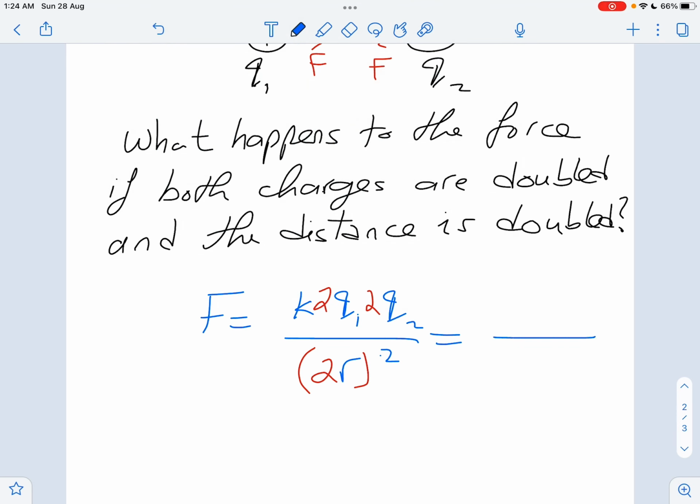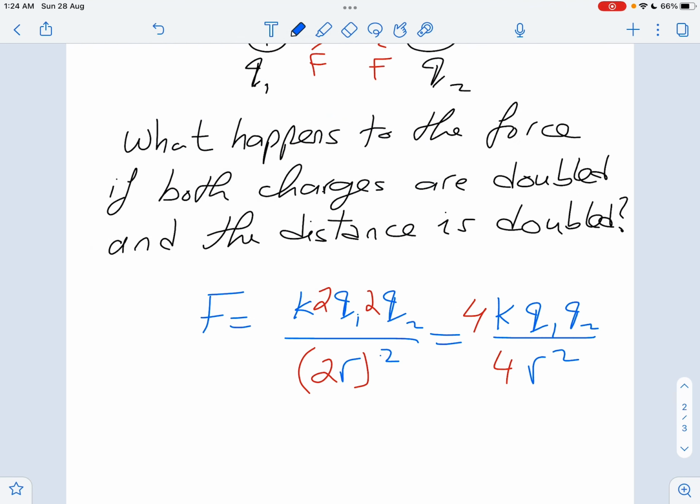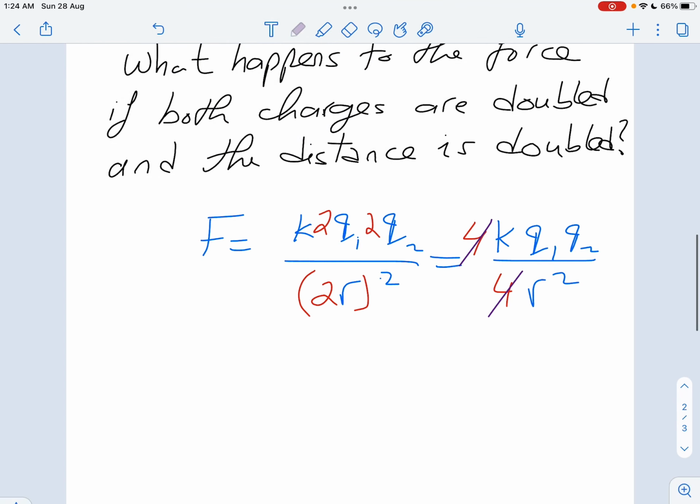So the equation becomes K, I have Q1 and Q2, and in red I have 2 times 2, which is 4. And in the denominator I have 2 squared, which is 4, and here I have R squared. So 4 and 4 cancel. This means nothing happens to the force. The force remains the same.